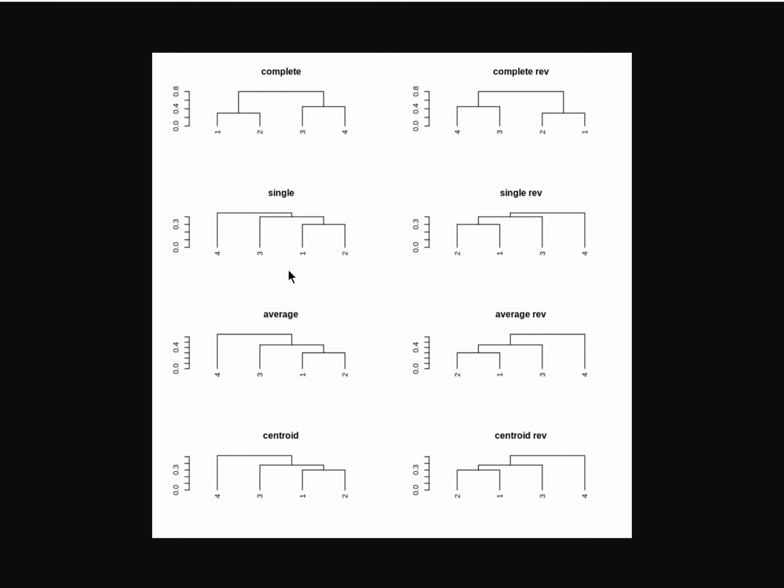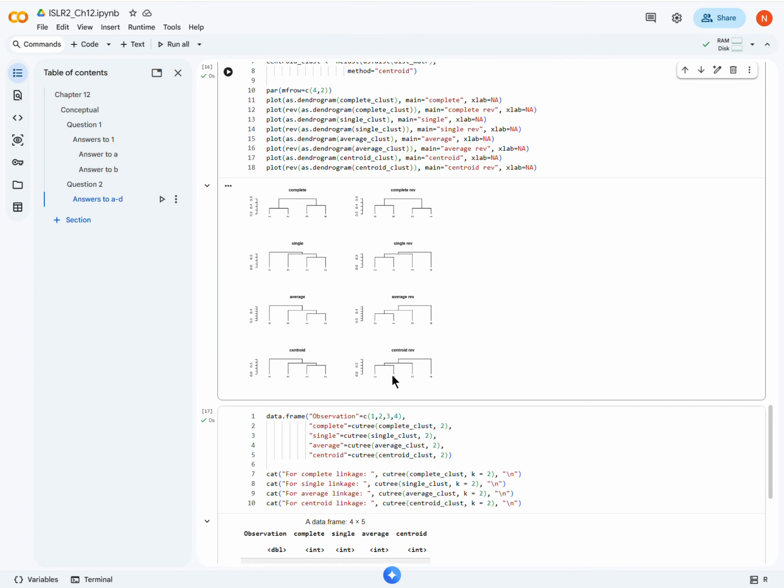And then for the rest, observations 1, 2, and 3 are one cluster, and observation 4 is its own cluster. Again, I could buy that because observation 4 is the most dissimilar from these hierarchically built clusters. So if we're saying that we have two clusters, then the one that is most dissimilar from the cluster being built up is going to have to go into its own cluster. So, okay, I think that is everything for this one, and I'll see you for question 3.